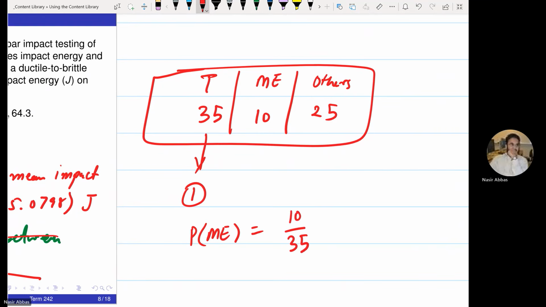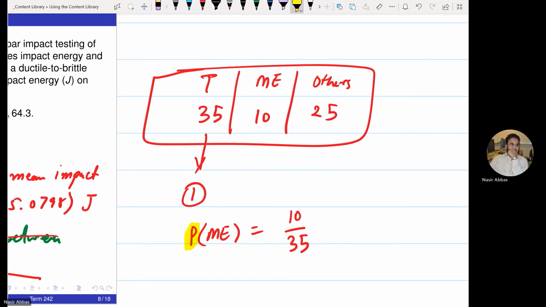What is the probability that this student will be a mechanical engineer? 10 over 35, which is 2/7. Correct? I can talk in terms of probability that a mechanical engineer will be picked is 2/7.